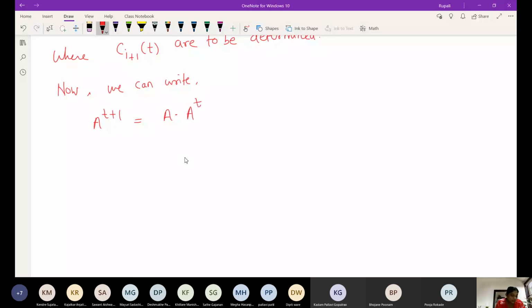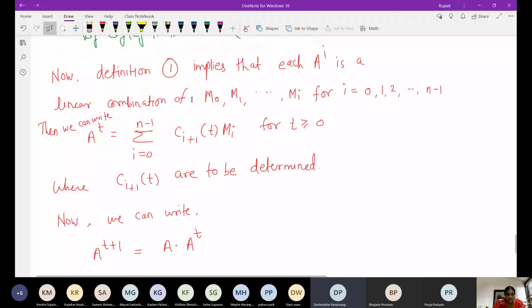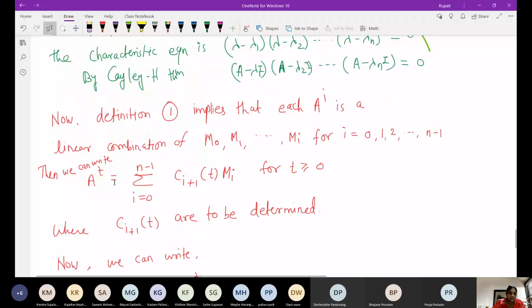Can I write like this? Yes, ma'am. Now a raised to t is this one. So what is a raised to t plus 1?